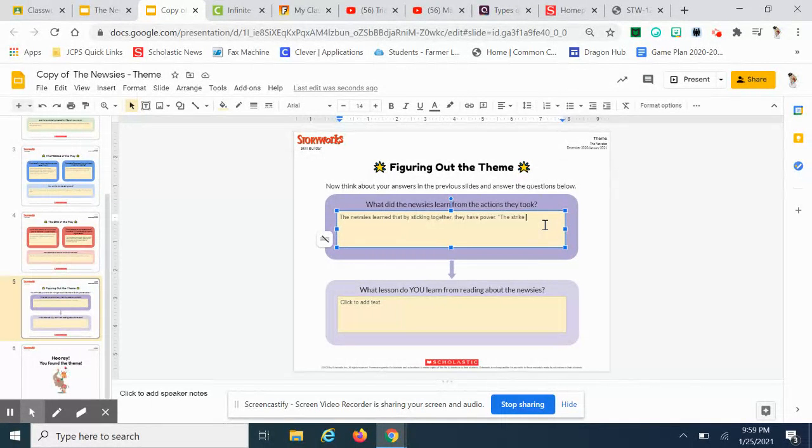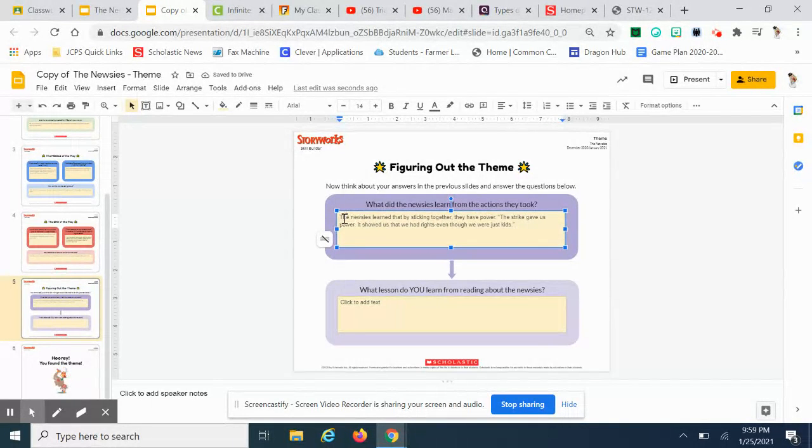The strike gave us power. It showed us that we had rights, even though we were just kids. So I want you to think about, even though we're not filling it out on that graphic organizer for RACE, we are still completing RACE, okay?